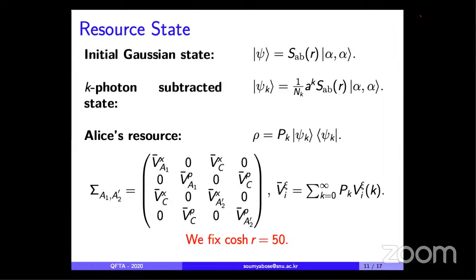The query is right, but the kind of photodetectors we have right now can detect up to 11 photons. In principle, there are infinite numbers of photon detections possible, based on the average number of photons of the resource state. So if the subtracted photon number is more than 11, you are at a complete blank.